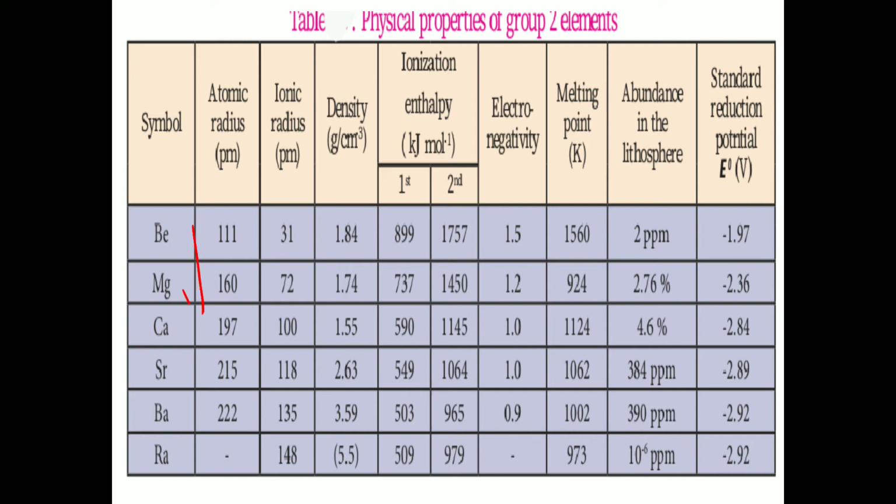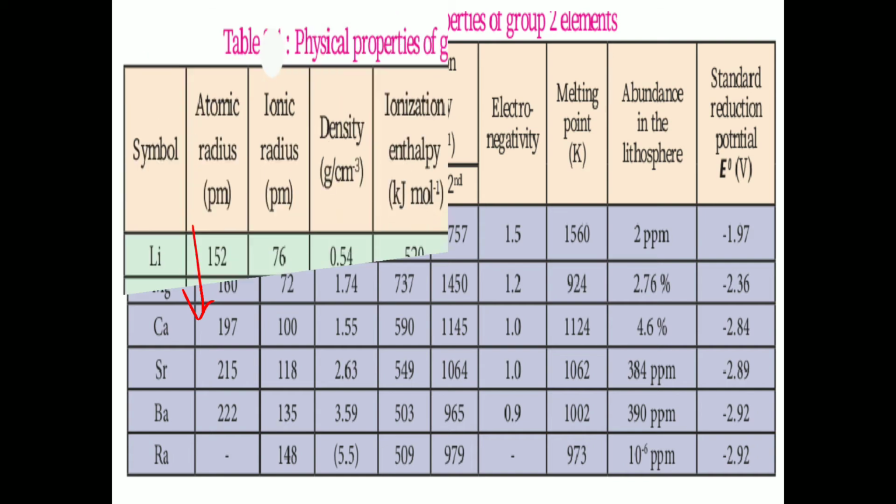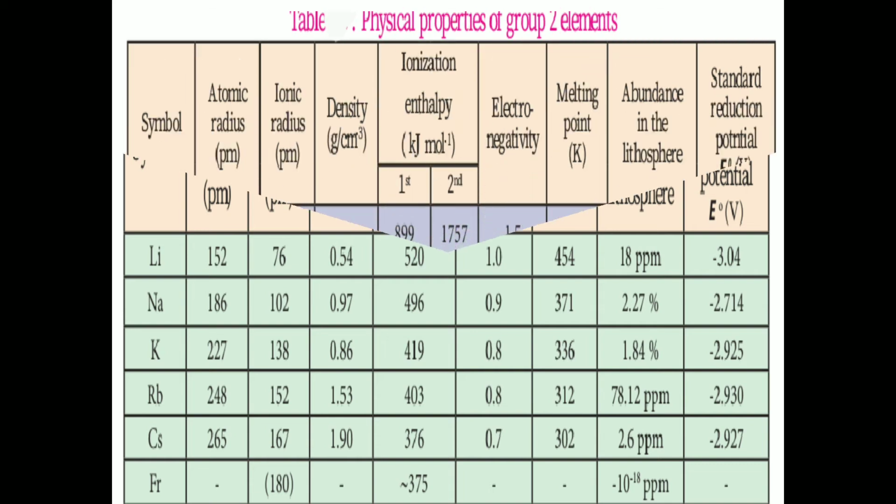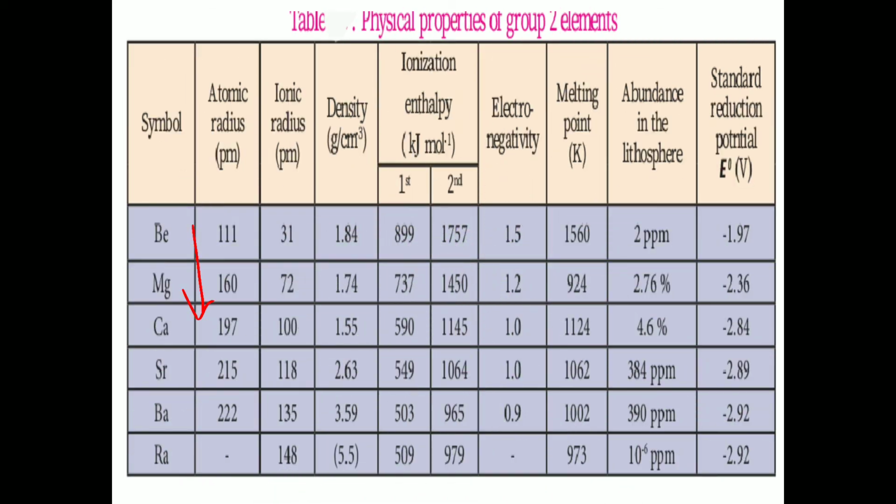But when we compare the atomic and ionic radius across a period, as we go from left to right, the atomic radius goes on decreasing. For example, lithium is 152, but beryllium is 111. That means it decreases.